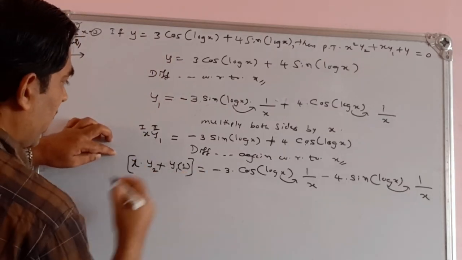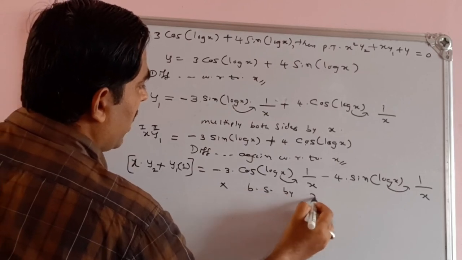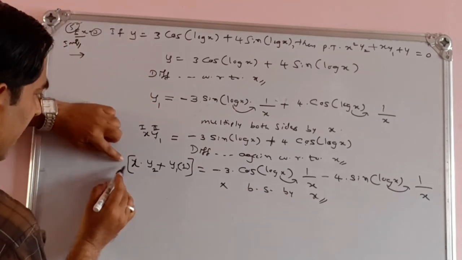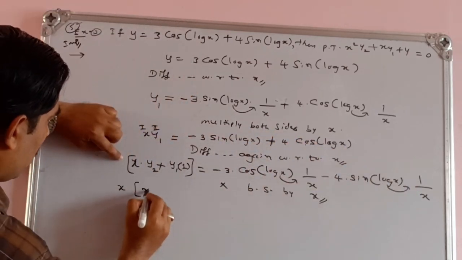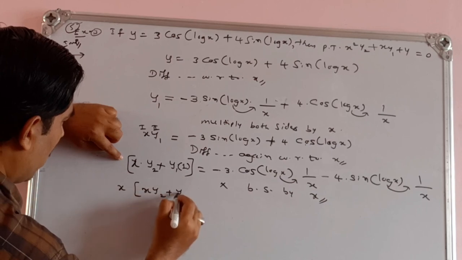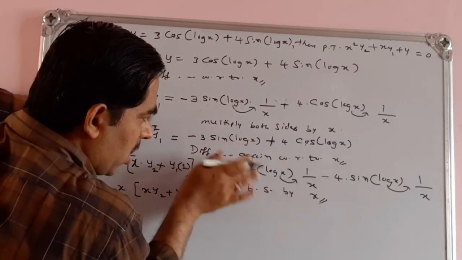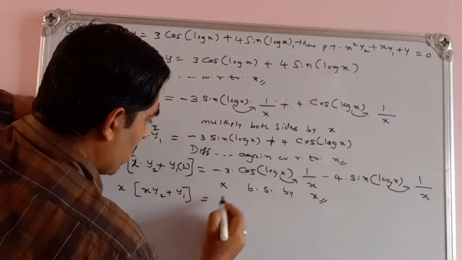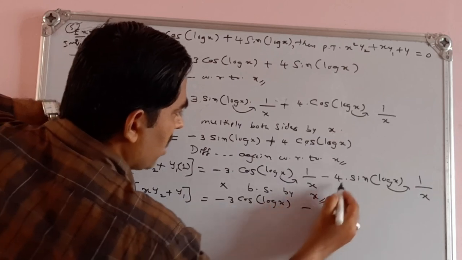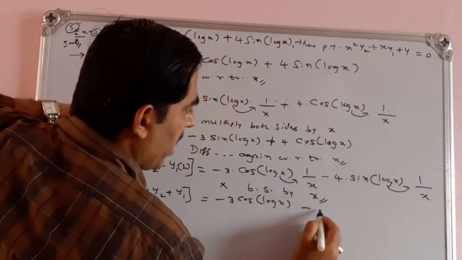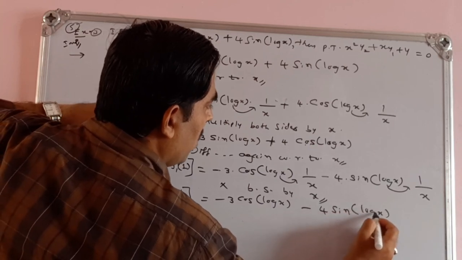Let me put the bracket here. Multiplying both sides by x, x into the left hand side is equal to x into every term. That is x into x y2 plus y1 is equal to, multiplying the whole term by x, the x cancels, and I get minus 3 cos of log x, then minus 4 sin of log x.